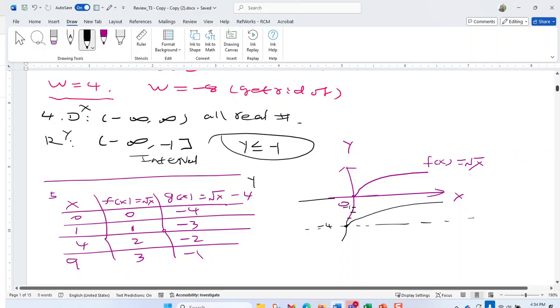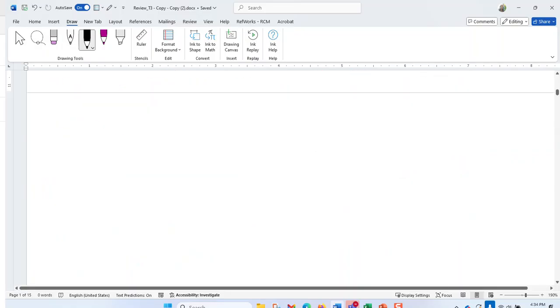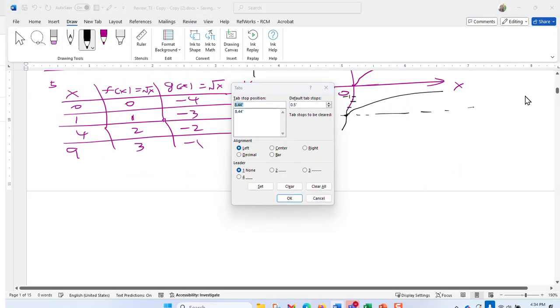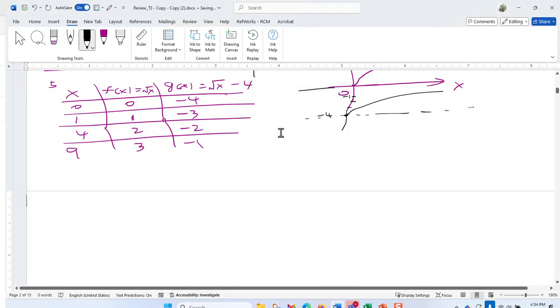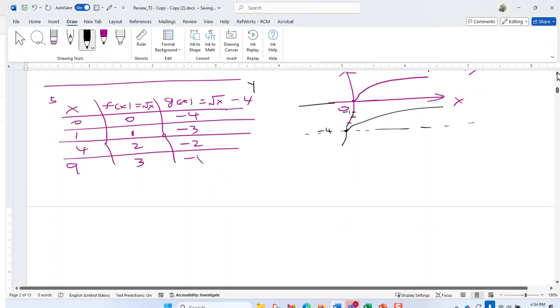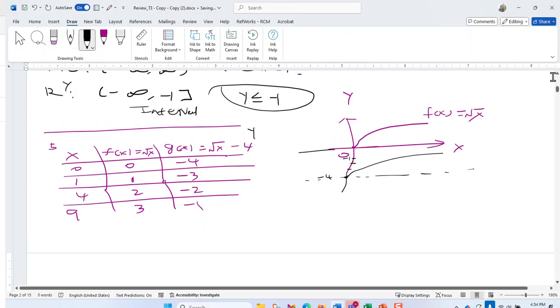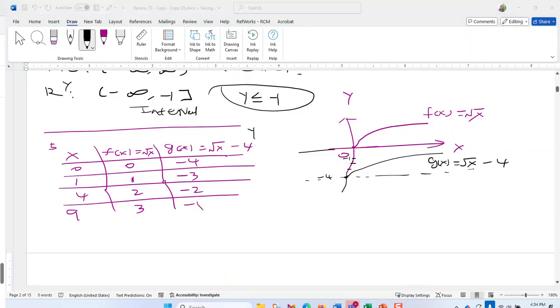Another option is, if you really do not know, you can put it in a calculator and graph them. At least you have a function here, so you can actually graph. Let me show you a little bit of how to graph this on the calculator.